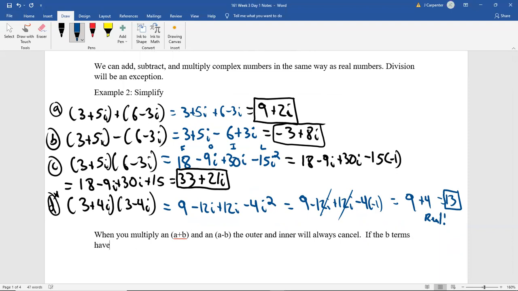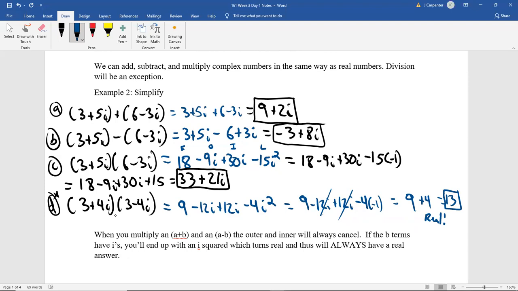If the b term has an i, it'll end up squared and turns real because that's negative 1. Thus, you will always have a real answer, because the outer and the inner terms are the ones that have the i's. The first term is a squared, just a real number times a real number. The second is going to be the b squared, but with a change of sign because of the i squared becoming negative.